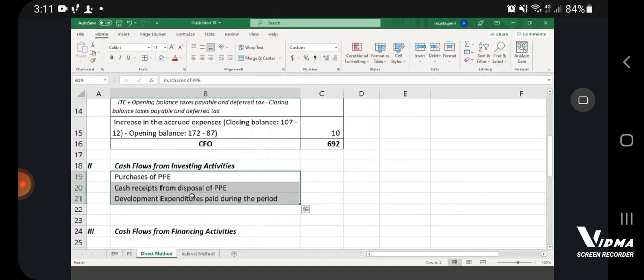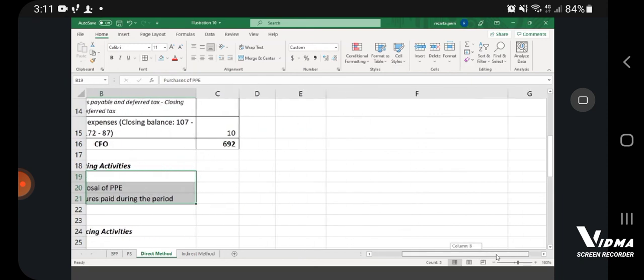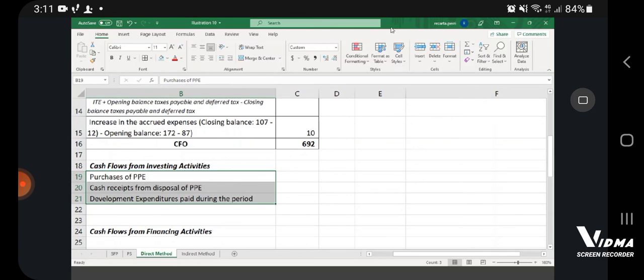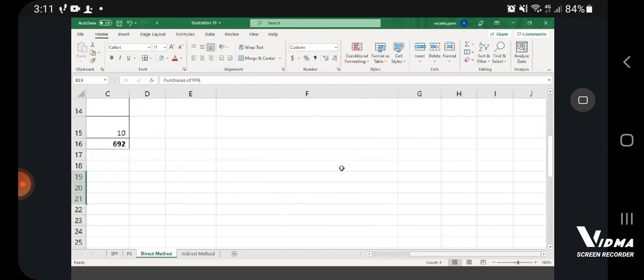Therefore, let's try to see, have we already made any purchases of property, plant and equipment? Right here in this part, I will try to show the changes that have happened in the property, plant and equipment. I am pretty sure that you remember the equation that we have stated about property, plant and equipment.